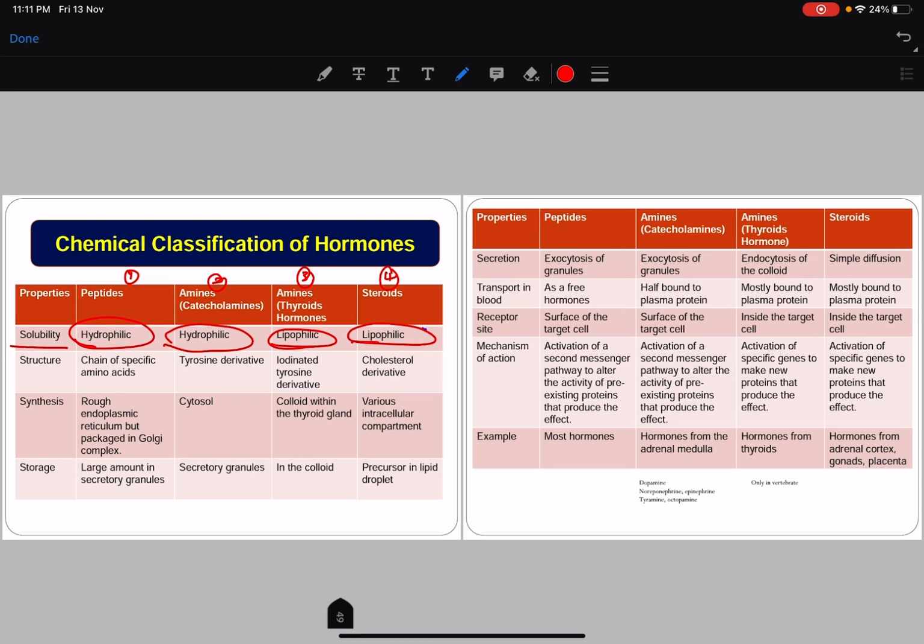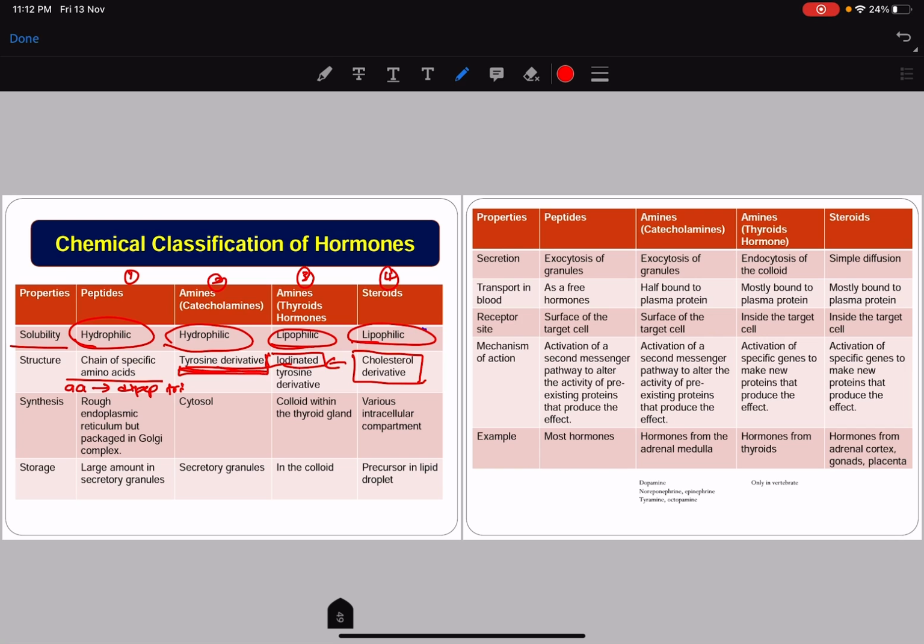The structure of peptide hormones is a chain of specific amino acids, and depending on the length, we call it dipeptide, tripeptide, polypeptide, and so forth. For catecholamine, the structure is a tyrosine derivative, so you can read this in the reference book. The structure of thyroid hormones is a tyrosine derivative but iodinated. And for steroid, the structure is cholesterol derivatives.